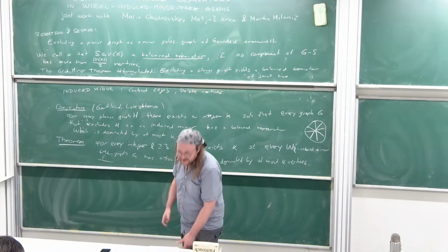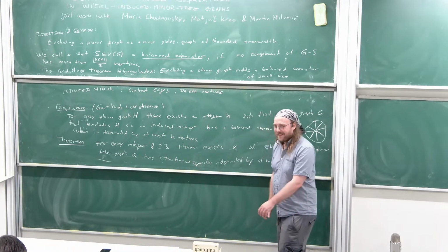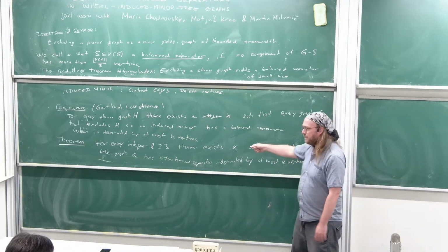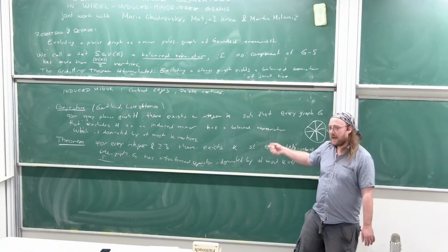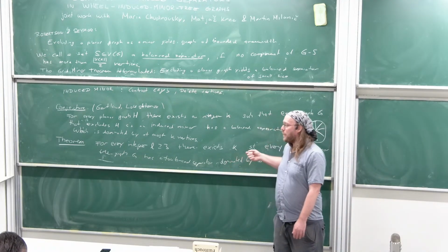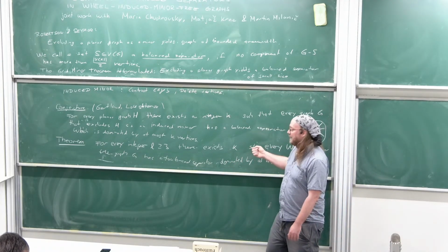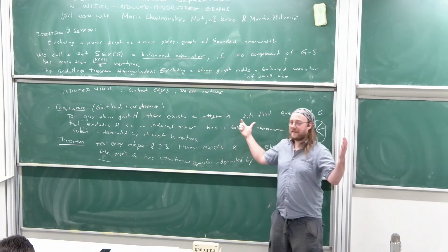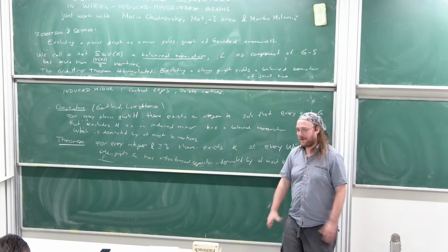Oh, so you can take k to be L squared. So we can definitely take k to be L squared, but slightly stronger, we can either say it's L or the separator even has a bounded size.